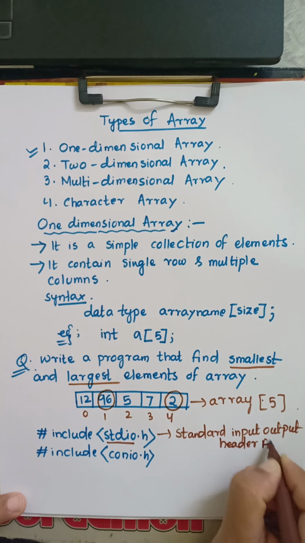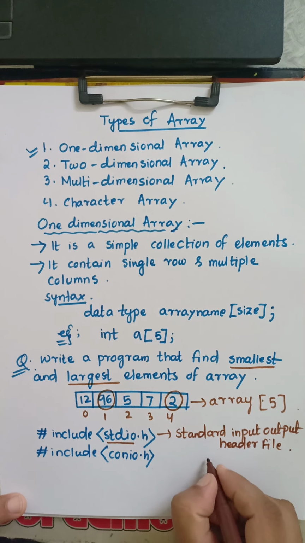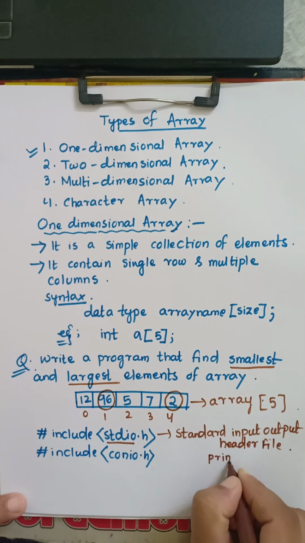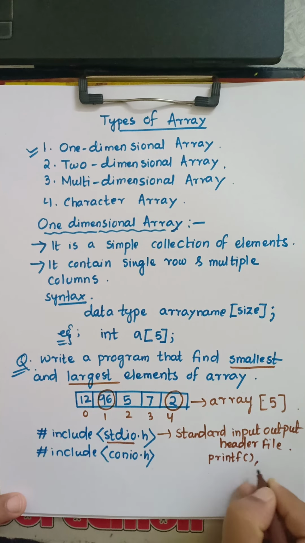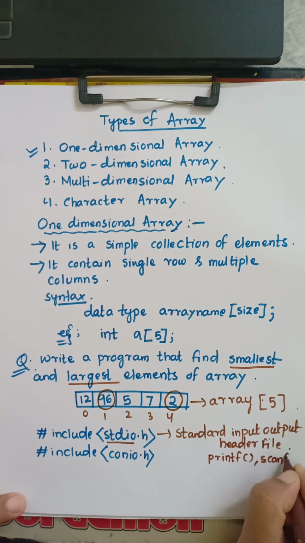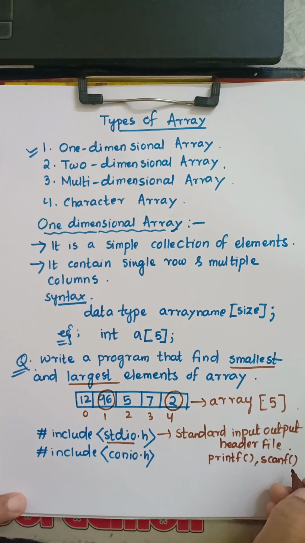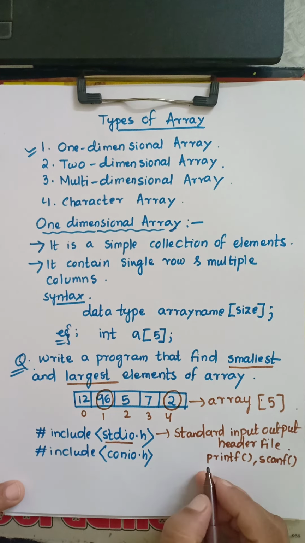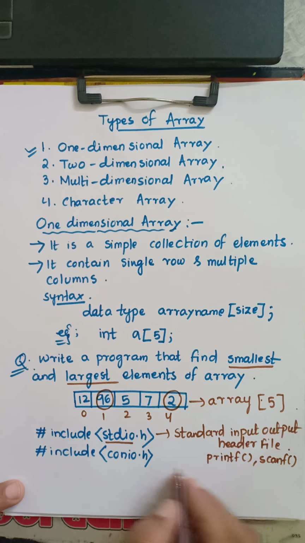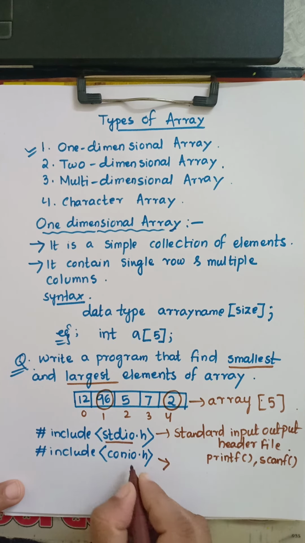Okay, this is used for the printf function and scanf function. There are so many input output functions to use. Okay, for the input output functions we use the standard input output header file, and this is our conio.